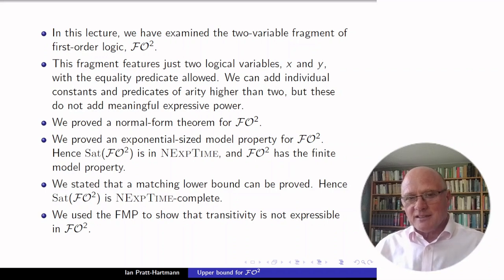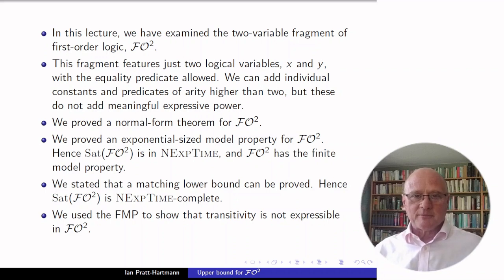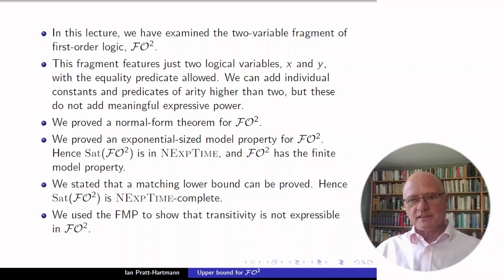It followed from that that the satisfiability problem for FO2 is in NExpTime, and that FO2 has the finite model property. We stated a matching lower bound, but we didn't prove it. And finally, we used the finite model property for FO2 to show that transitivity is not expressible in FO2.